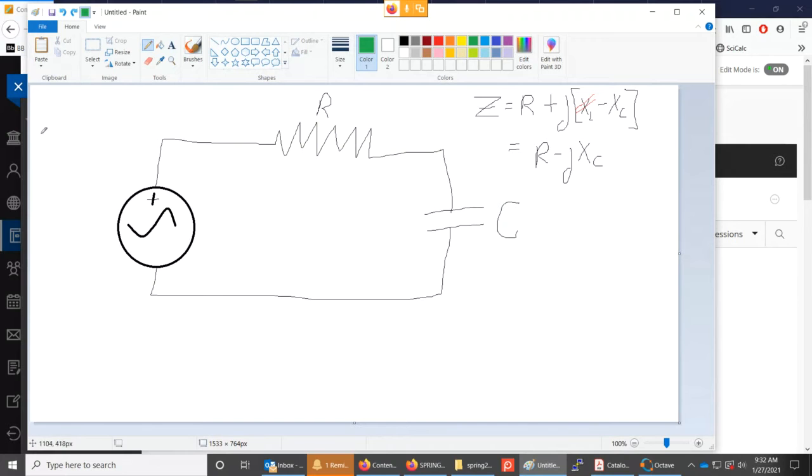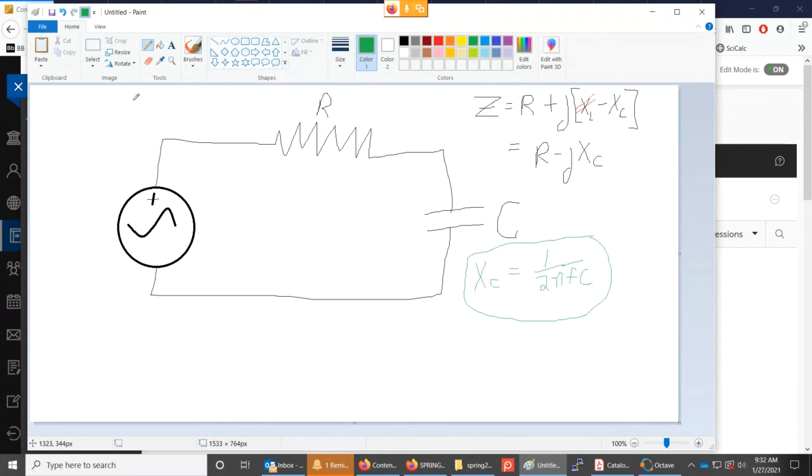Okay. So the capacitive reactance is 1 over 2 pi times the frequency times the capacitance. Okay, so this is the capacitive reactance.